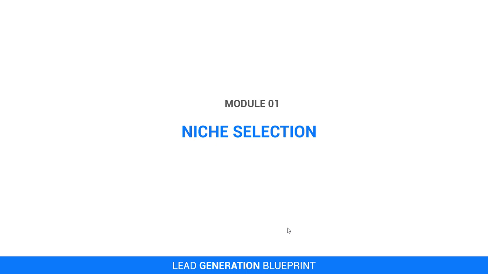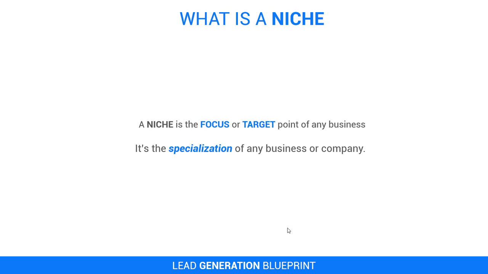So that's where your niche selection comes in. You need to know, what market am I serving? The niche selection, I classify it as a focus or a target point where your customers know exactly what you are selling, what you are specialized in doing, what your company offers, which service you offer, which product you offer.